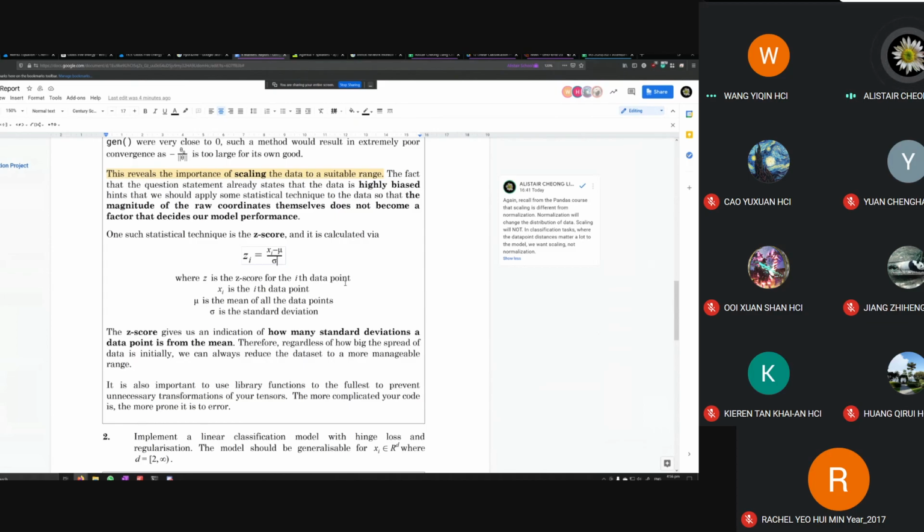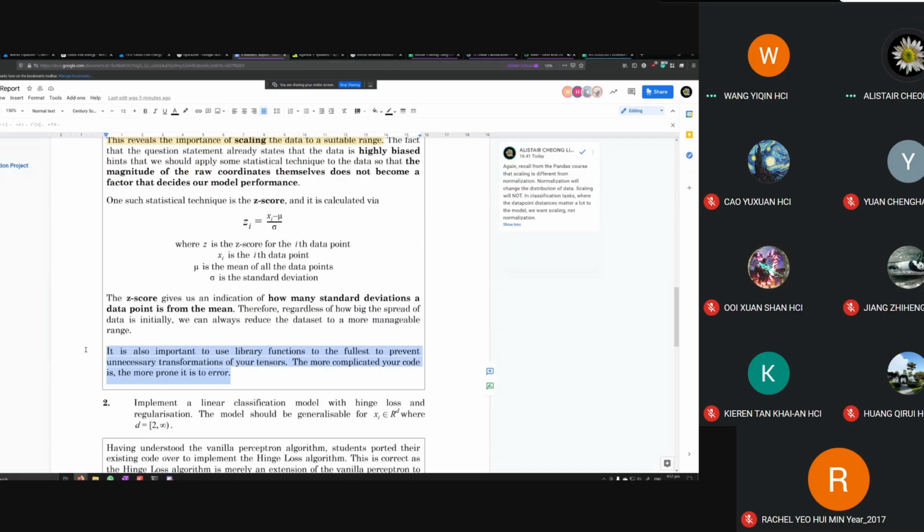This z-score gives you an idea of how many standard deviations away from the mean a data point is. Regardless of how big the spread of the data is initially, we can always reduce it to this more manageable range as dictated by the z-score, so that even if you have a very biased data set or one that is nicely centered on the origin, your model can still handle it.